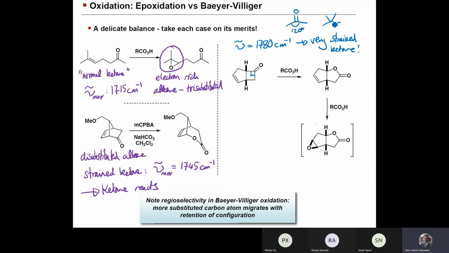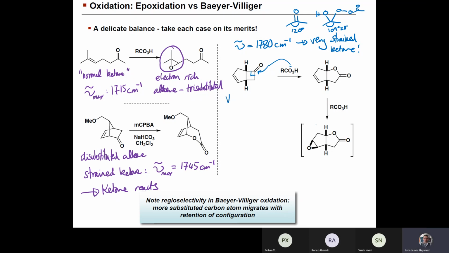Now, if you have a hemiacetal where we've attacked with our peracid, the desired bond angle is 109 degrees 28 minutes. That's the tetrahedral angle. So when you get attack of one of your oxygens onto the ketone, you immediately relieve strain, which is a good thing. And once you've done that, you are promoting your Baeyer-Villiger oxidation.